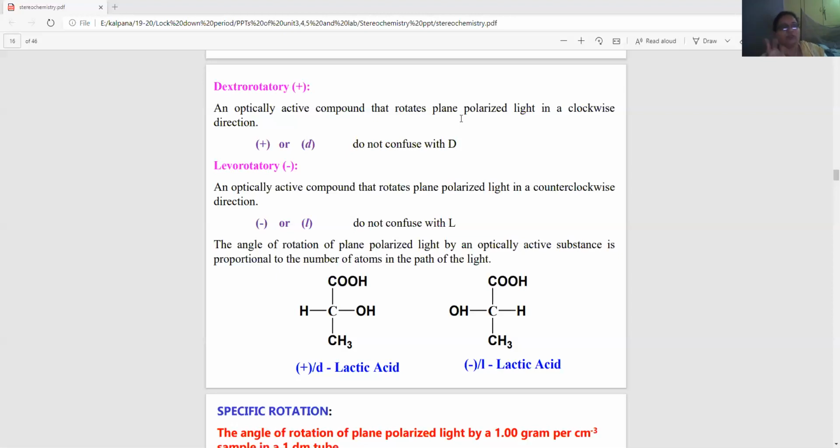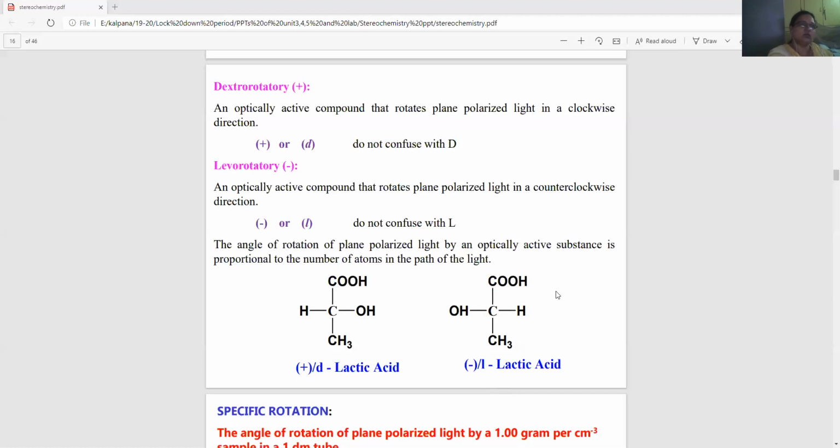Okay, so an example is given here, that is lactic acid. If you see lactic acid, the OH group is present on the right hand side, so it is given as plus sign or small d. If the OH group is present on the left hand side, it is given as negative or small l.